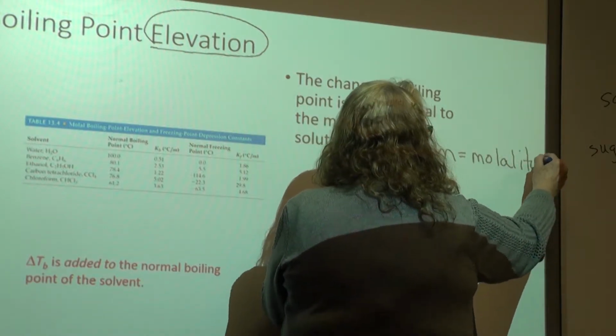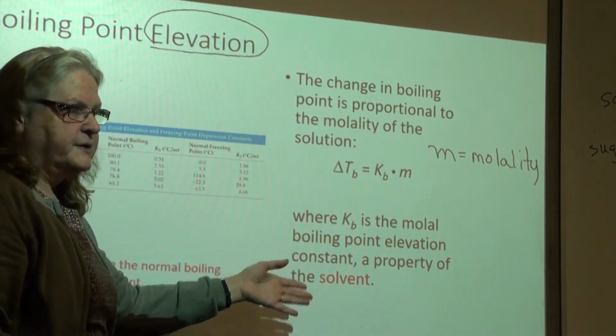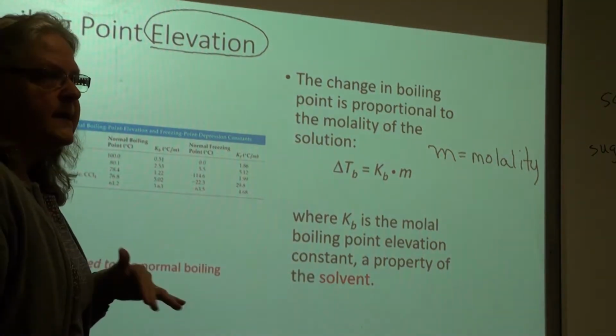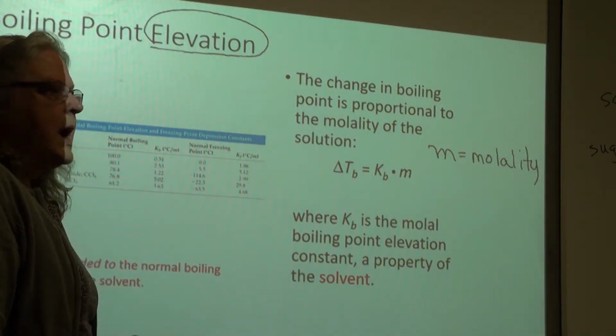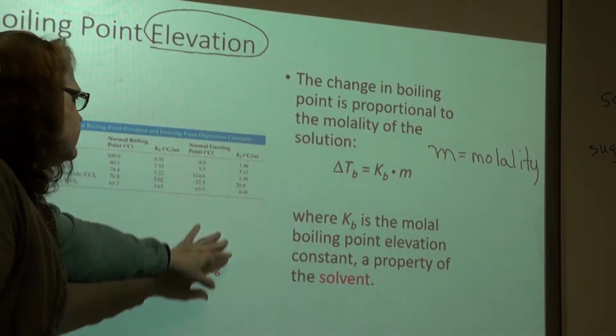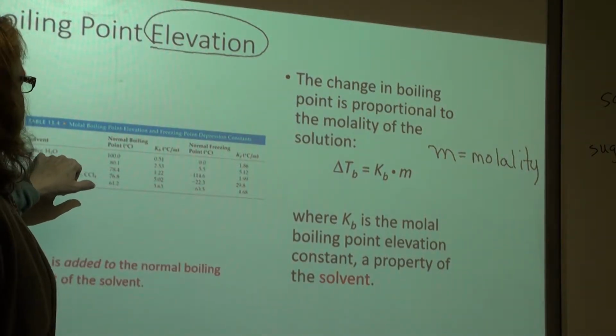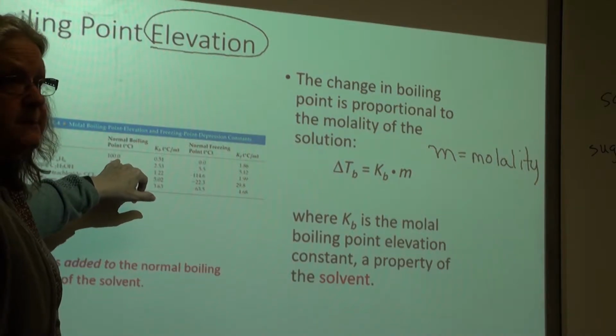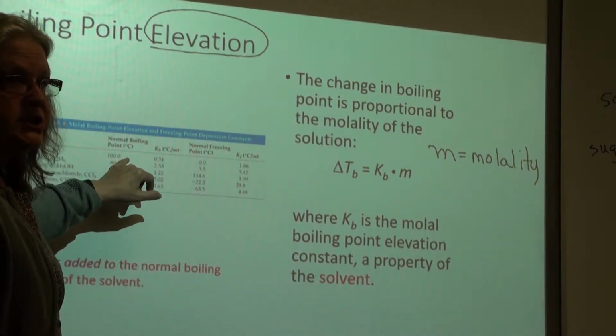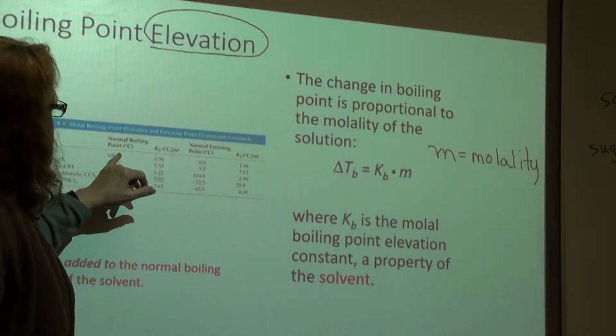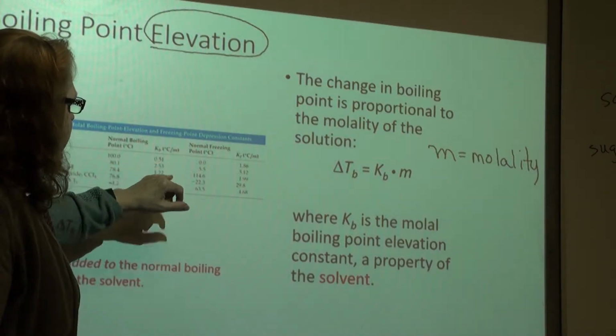So this thing is a constant, and I look it up for the solvent. So if I'm putting something in water, I look it up for water. There's a little table here, and this table tells me that for water, it gives me the normal boiling point, because I'm going to calculate the change, okay? So it gives me the normal boiling point, and then it tells me what that constant is.